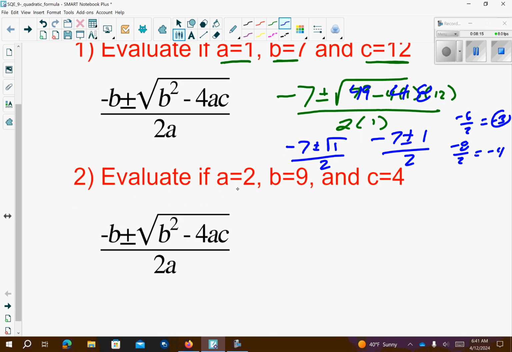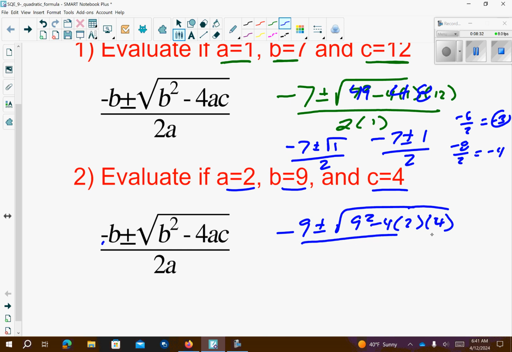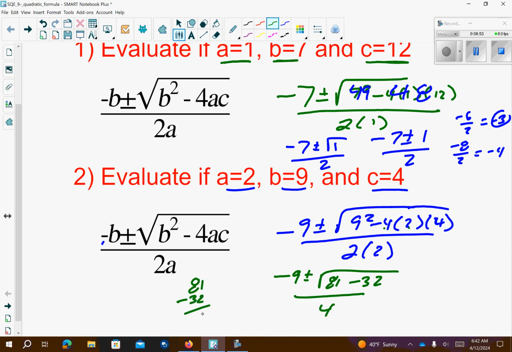You would do the same thing with this one. Our A we know is 2, our B is 9, our C is 4. So I have a negative out front, negative 9 plus or minus the square root of 9 squared minus 4AC, all over 2A, 2 times 2. And let's work it out. Negative 9 plus or minus square root, 9 squared is 81. Negative 4 times 4 is negative 8, negative 8, so that's going to give me negative 32, excuse me, over 4. 81 minus 32, I can't do that in my head.